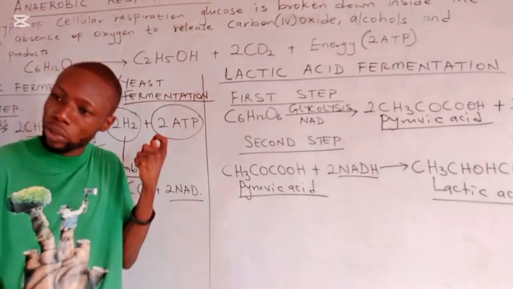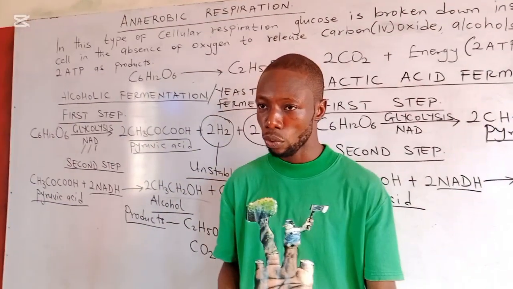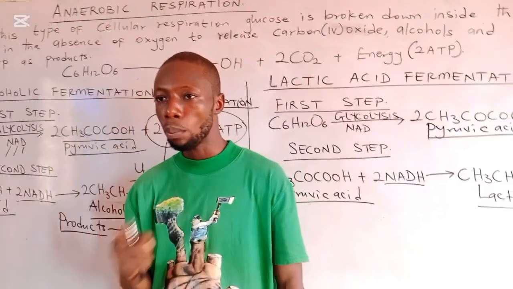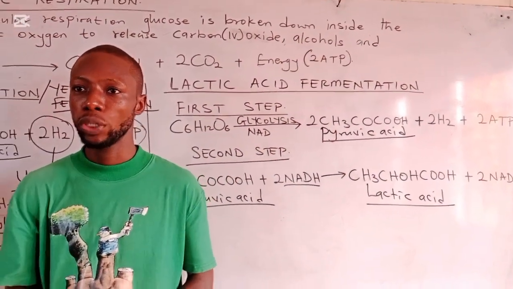Then the Krebs cycle will take up the process to produce carbon dioxide, molecules of water, and 36 ATP to complete the initial aerobic respiration.